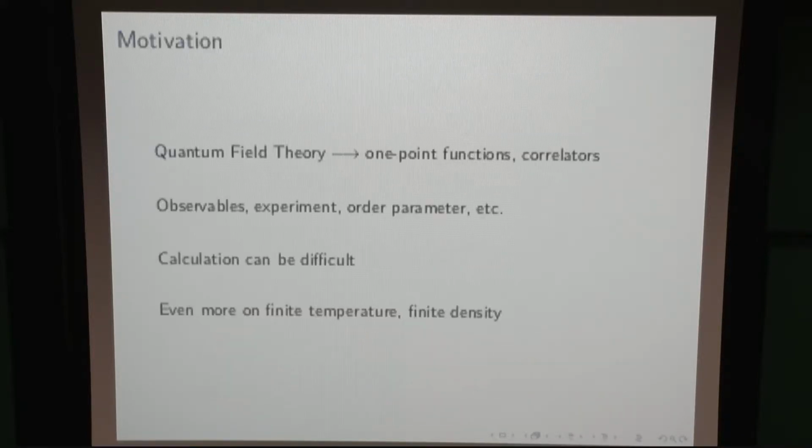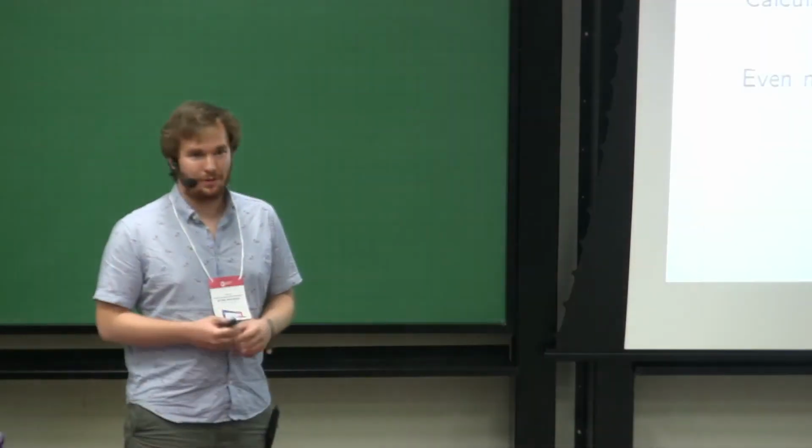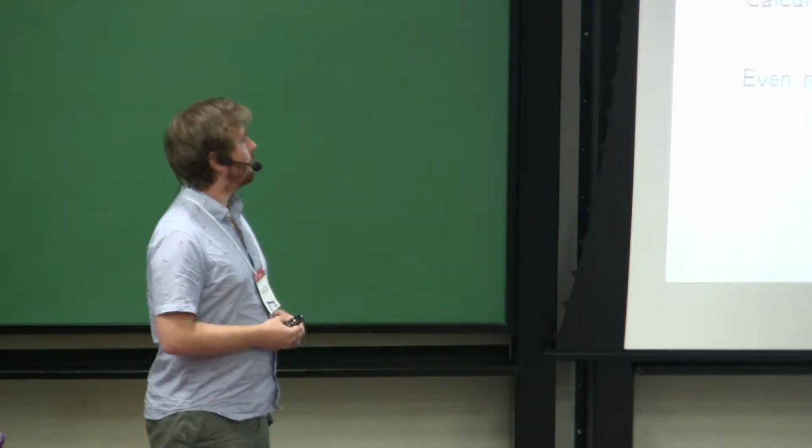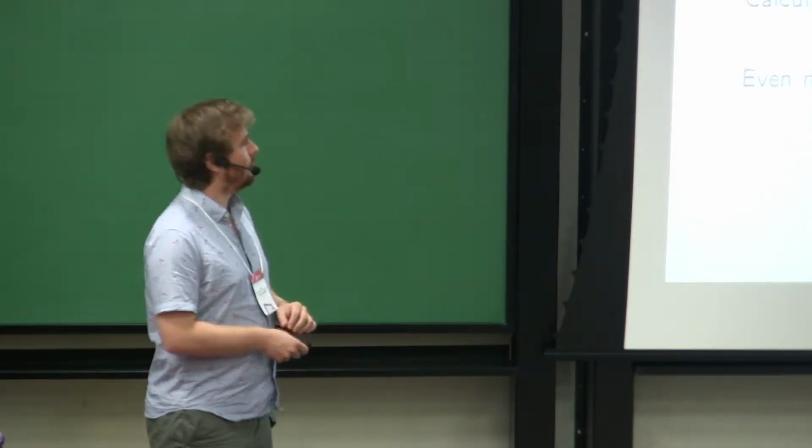Okay, so let's get into business. If we're dealing with quantum field theory, then important quantities are one-point functions, two-point functions, and correlation functions. Since if you know all the correlation functions, we know basically all the information from the quantum field theory. So these quantities are important, and they can also be related to observables and experimental results.